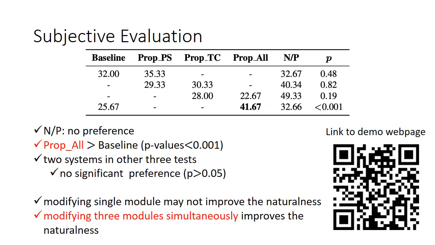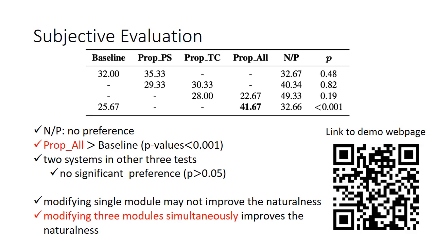In the subjective evaluation, we can see that the proposal system outperformed the baseline system significantly. However, there was no significant difference between the two systems in the other three tests.